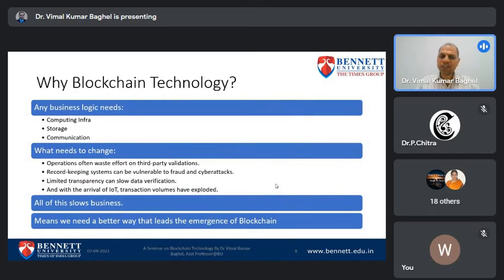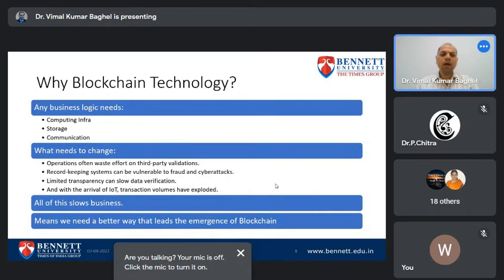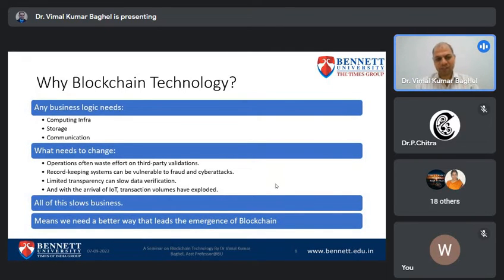That is computing infrastructure, which consists of all your CPUs and different cores; storage, how you are storing inside the blockchain, or if you are not using blockchain, then in some databases; and communication, how communication takes place between the nodes or the computing infrastructure. These three components drive any business logic.